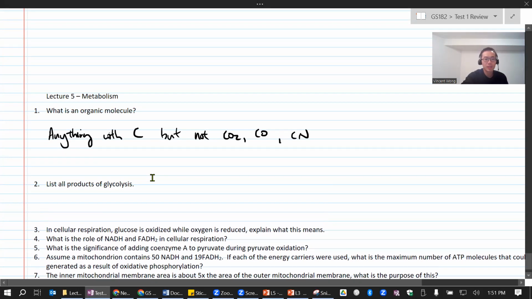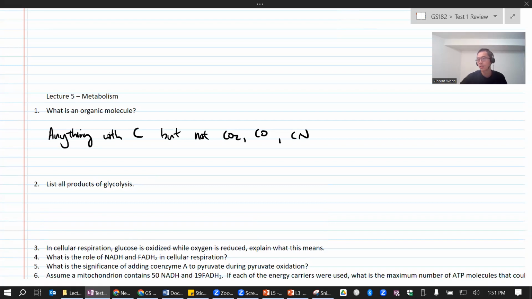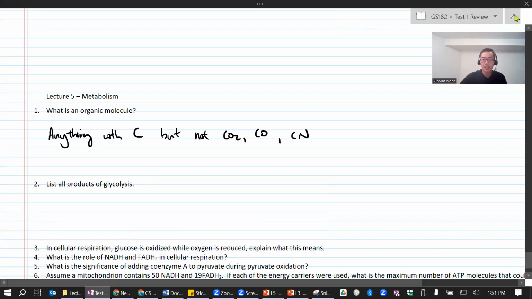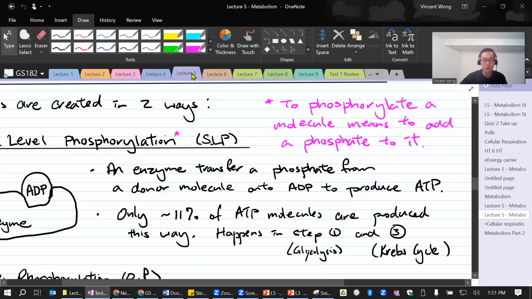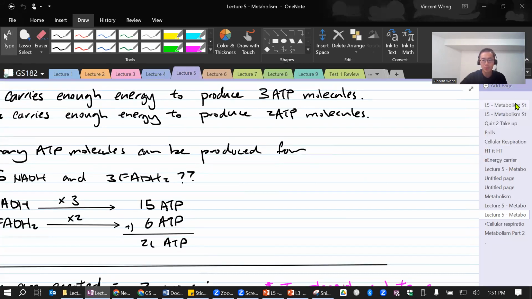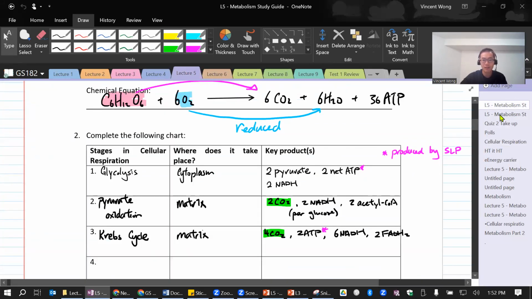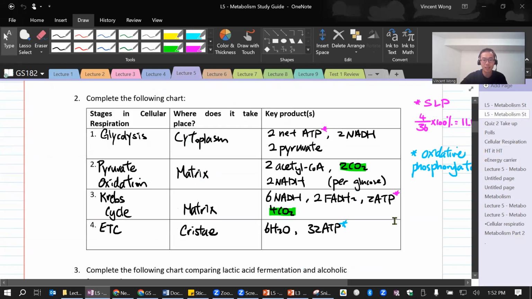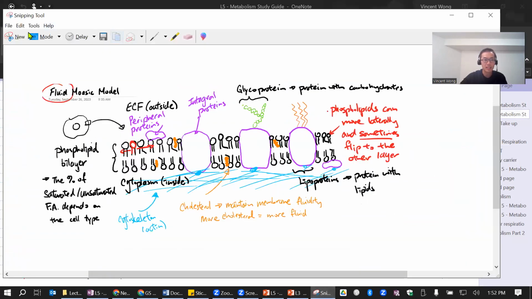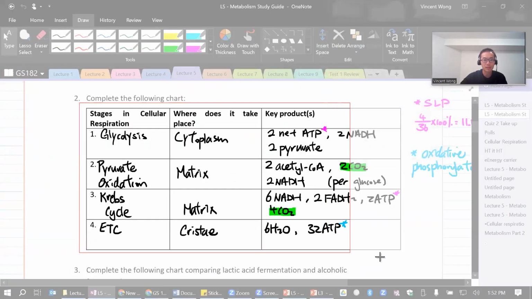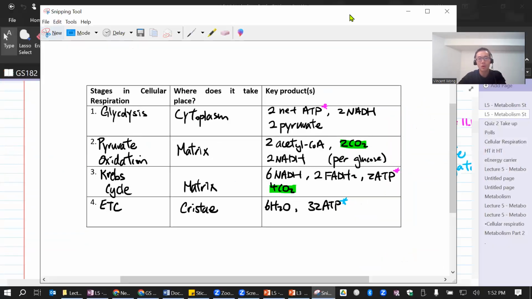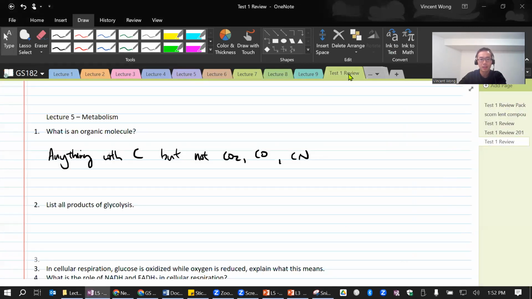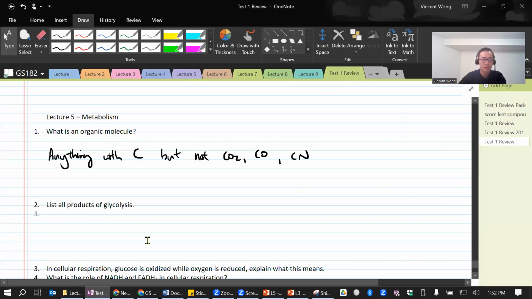List the products of glycolysis. Again, one of the important charts and tables to memorize or have available to yourself is this one. Okay, this one summarizes all the key products. So I'm going to put them right here.